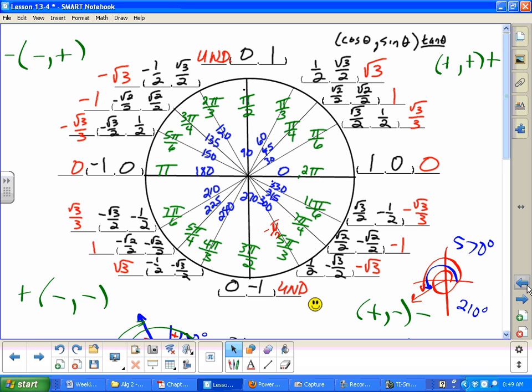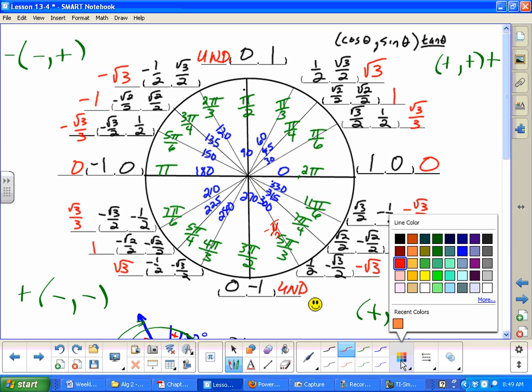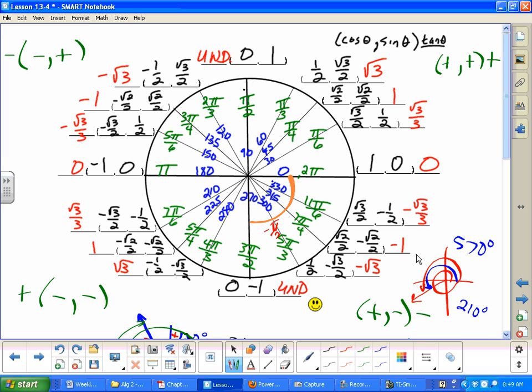The difference is that I have to look at if I'm going clockwise. If I'm going clockwise, those angles are now what? Instead of them being positive, they have to be negative.